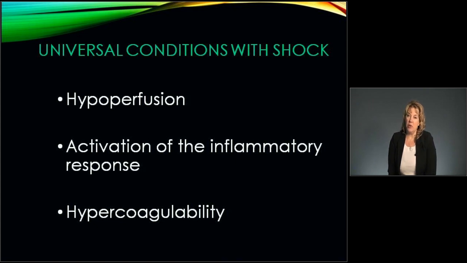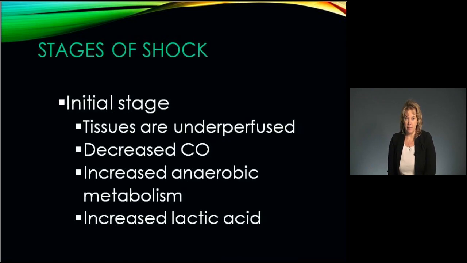Part of the inflammatory response is also activation of the coagulation cascade and our platelets, and so that will put them in a hypercoagulable state. So we'll talk about the importance of monitoring platelets, as well as the fact that they are more prone to developing clots, and that can further impair tissue perfusion.